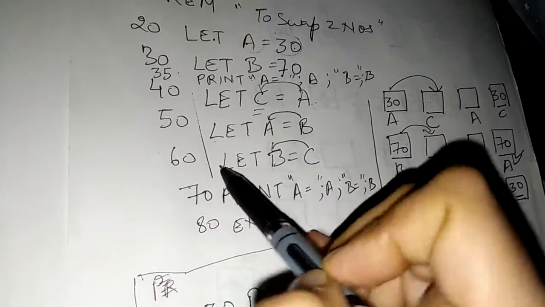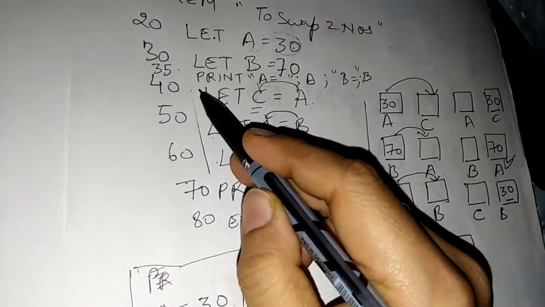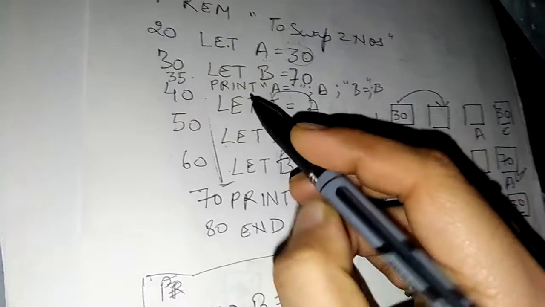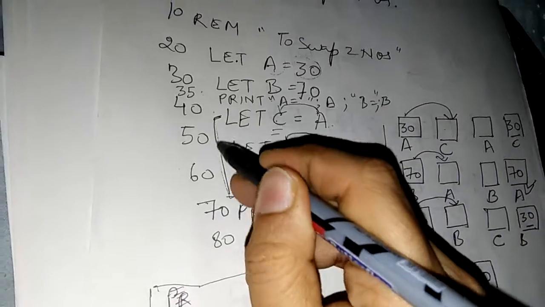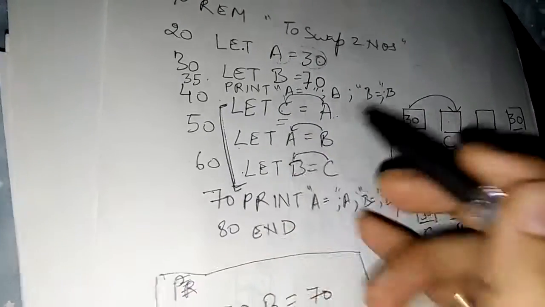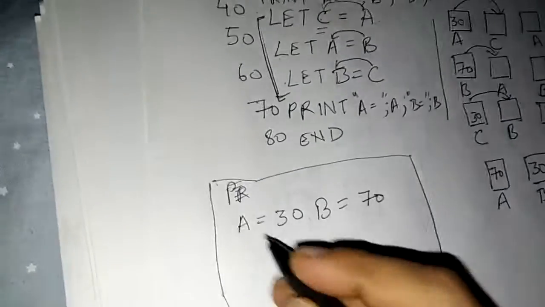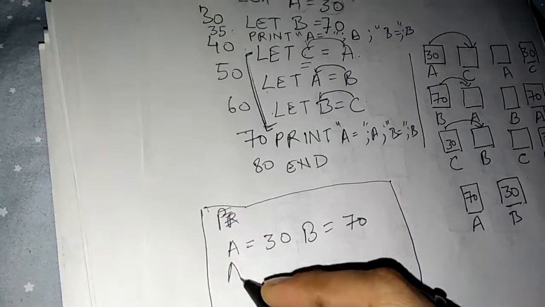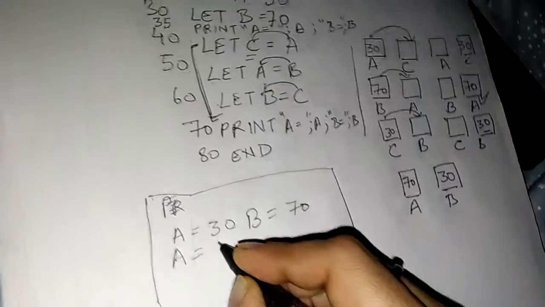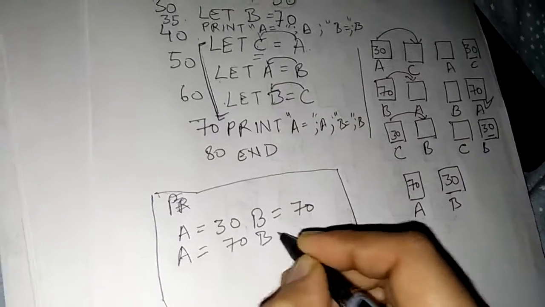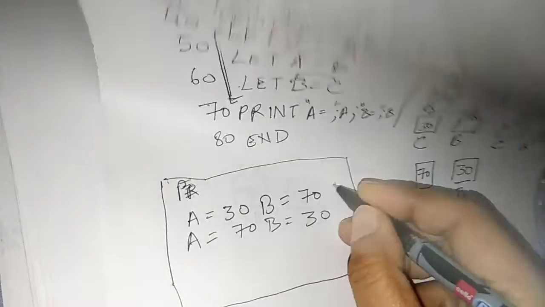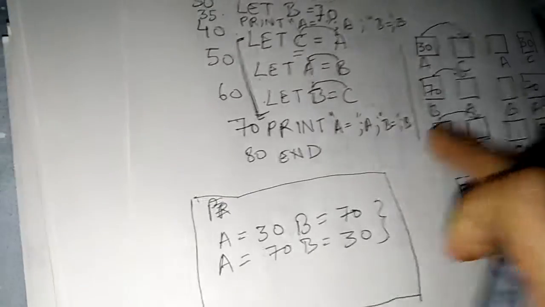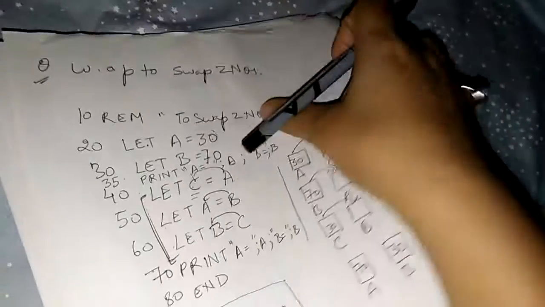After this, the three statements are the processing part of swapping. After swapping, A is 70 and B is 30. I have exchanged the values. The exchange is successful. This is the swapping of two variables.